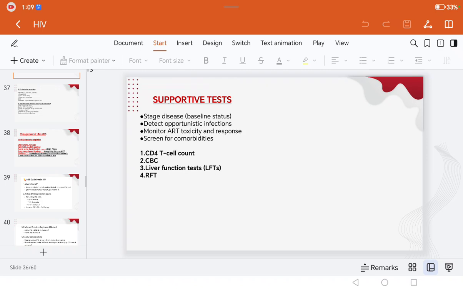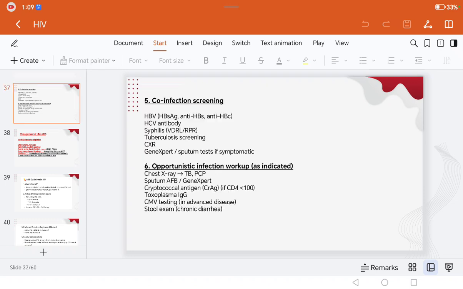So the supportive tests are staged according to the stage of the disease, and they detect opportunistic infections and are used for monitoring toxicity and response, and for screening of comorbidities. They include CD4 T cells, CBC, LFT, and RFT.